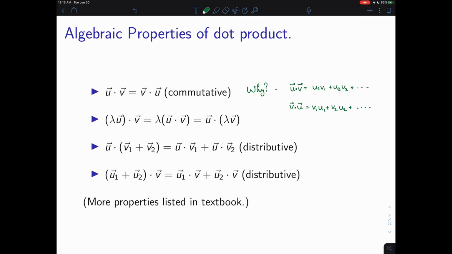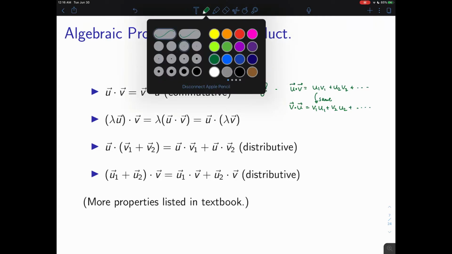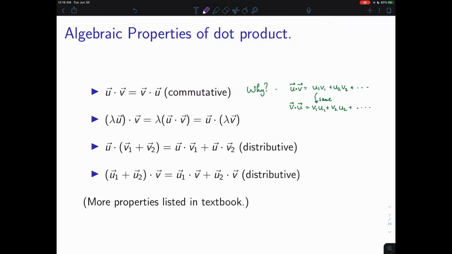And now look what's happening here. These terms are the same, because u1 v1 is the same as v1 u1. When I'm looking at this, it's just multiplying regular numbers. These are not vectors. These are just regular numbers.